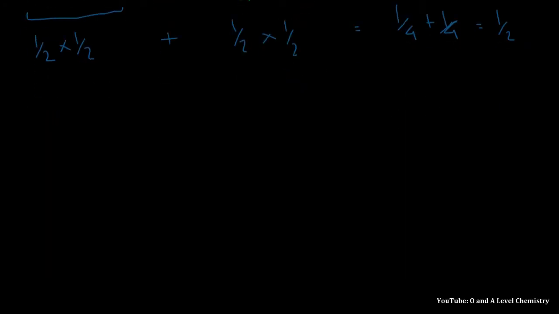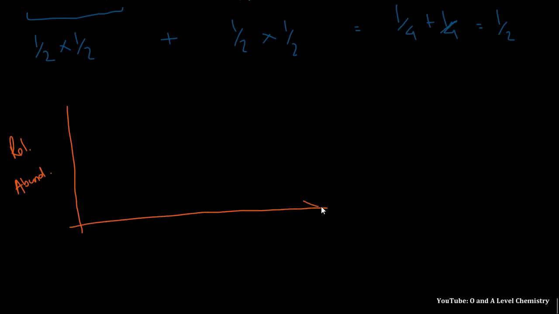So if we draw the mass spectrometer plot, this is relative abundance, and this is the m/e. I'm going to have one peak at 158.